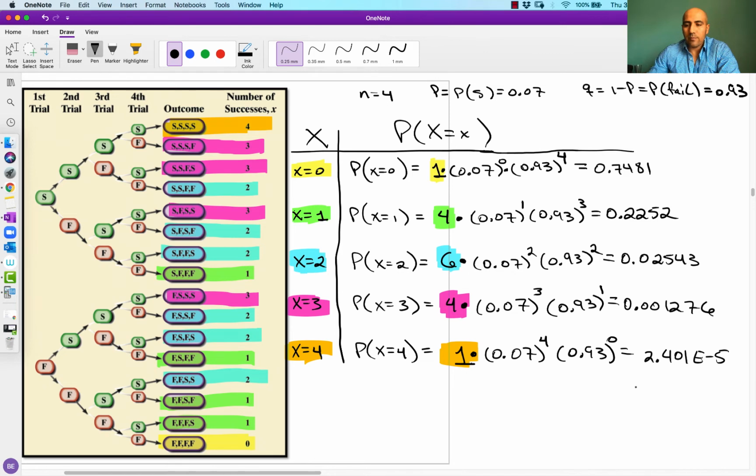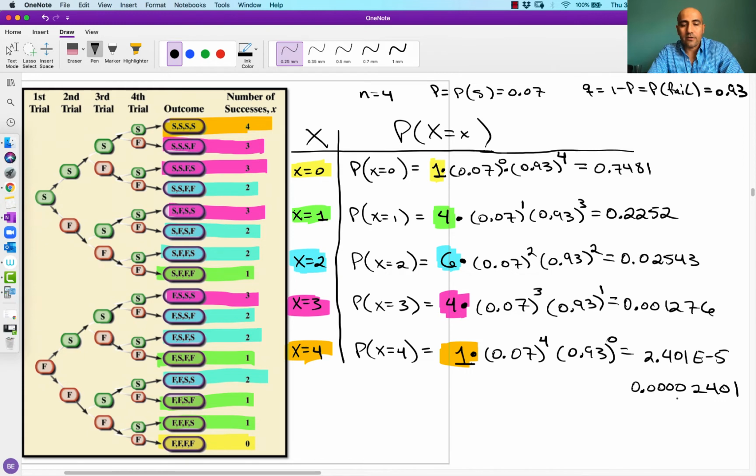And then this represents 0.00002401. That's what that means. You move the decimal 1, 2, 3, 4, 5 different spaces to the left. So it's a really small number, right? It's just a way of expressing a very small number. We'll start running into that a lot moving forward, cases like that. And then often those are rounded to 0. You'll see that our textbook, when we look at tables and stuff, very often just rounds that to 0.